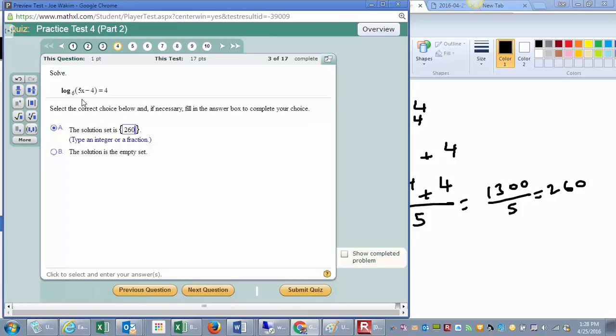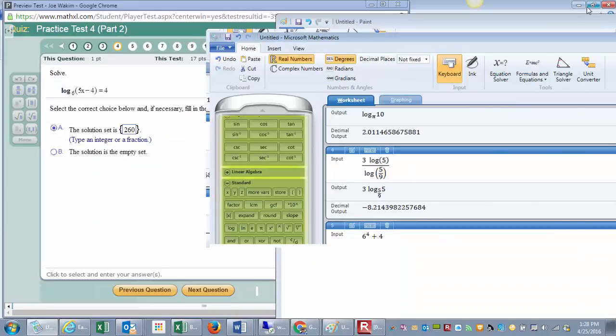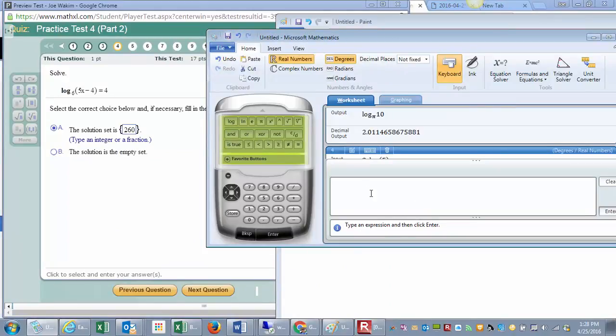Let's check. Let's see if we get the same answer. 5 times 260 minus 4, and that would be base 6. So if I do this on the calculator to check, so we have log of 5 times 260.